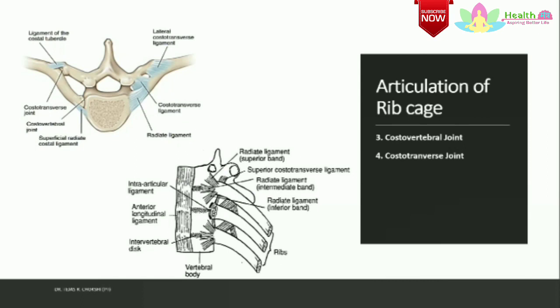Now in the costotransverse joints from T7 through T10, both articular surfaces are flat, which provides gliding motion. Ribs 11 and 12 do not articulate with their respective transverse processes.